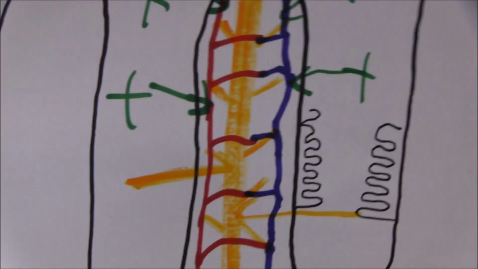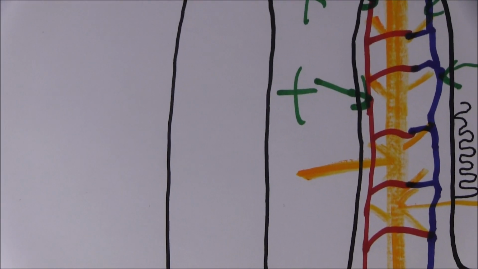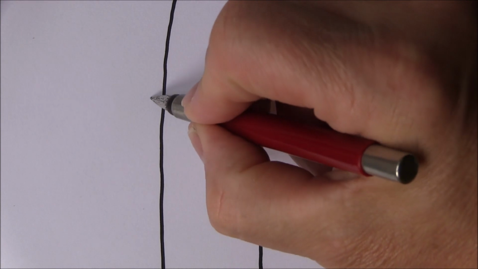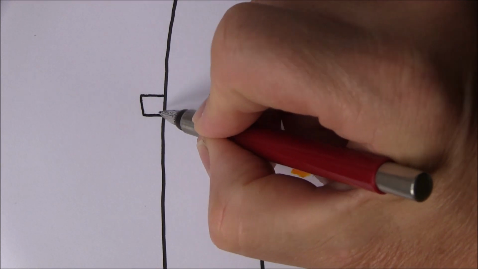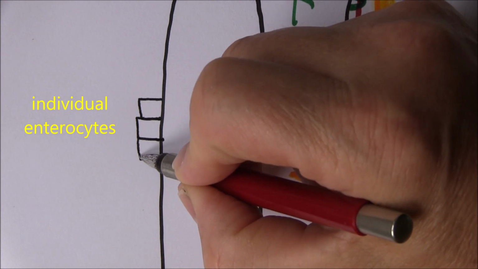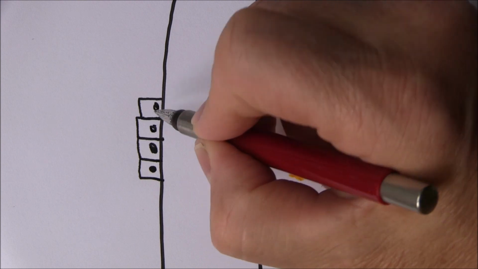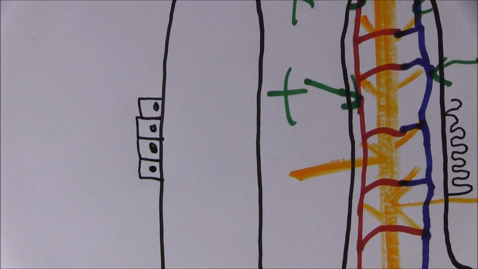So each villus, of course, is going to be lined with, this is the diagram we had of the villi. Each one is going to be lined with individual cells like this. Again, not drawn to scale, but they're going to be lined with individual cells like this, each with their own nucleus, of course, lining the villi, forming the mucous membrane.